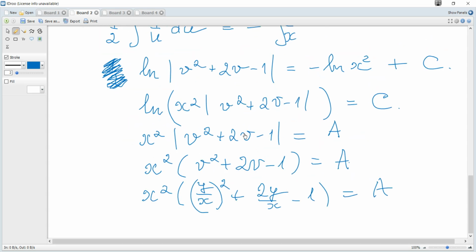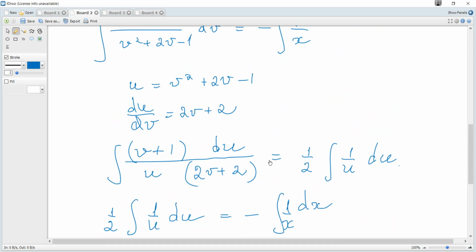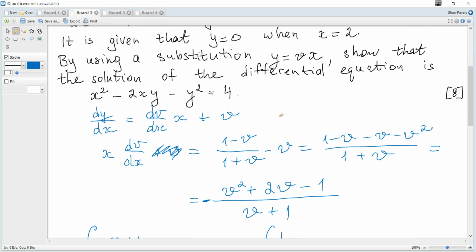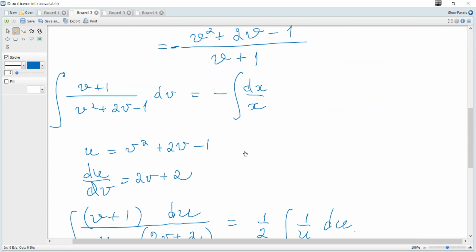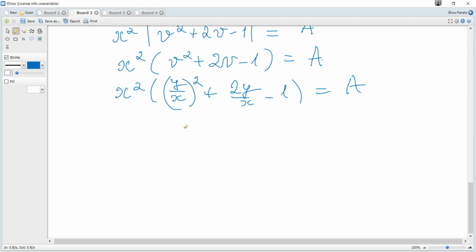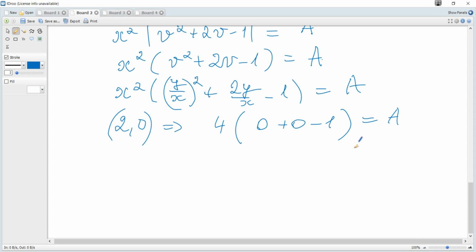And let's find the constant. Using the point 2, 0, substituting 0 for y, 2 for x, so it becomes 4 multiplied by 0 plus 0 minus 1 is a, so a is negative 4.